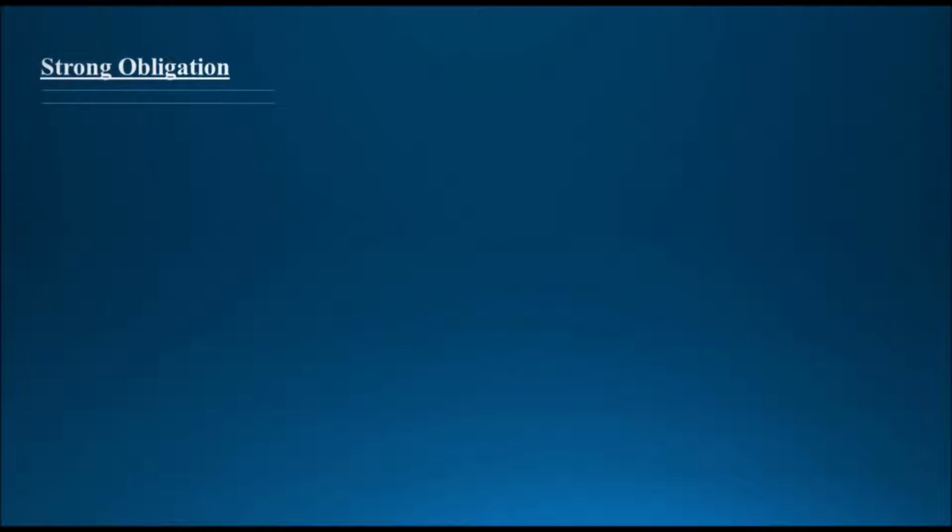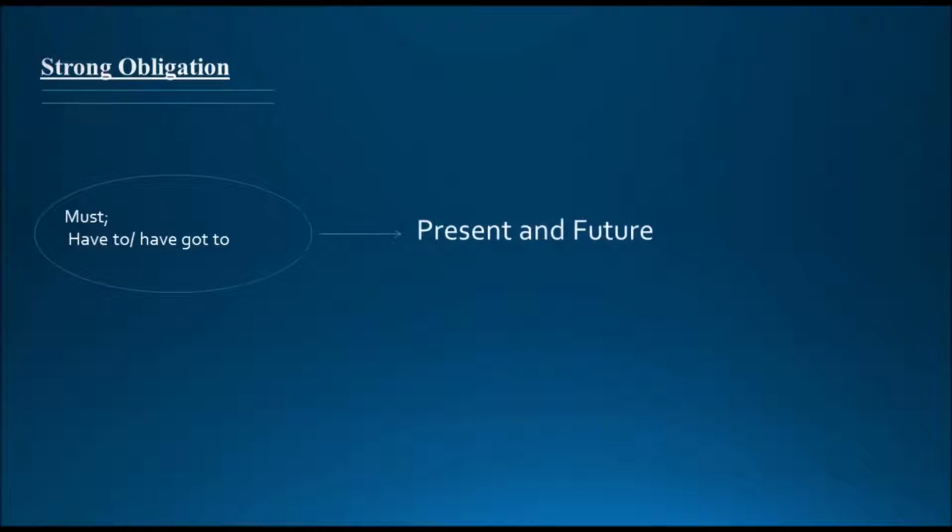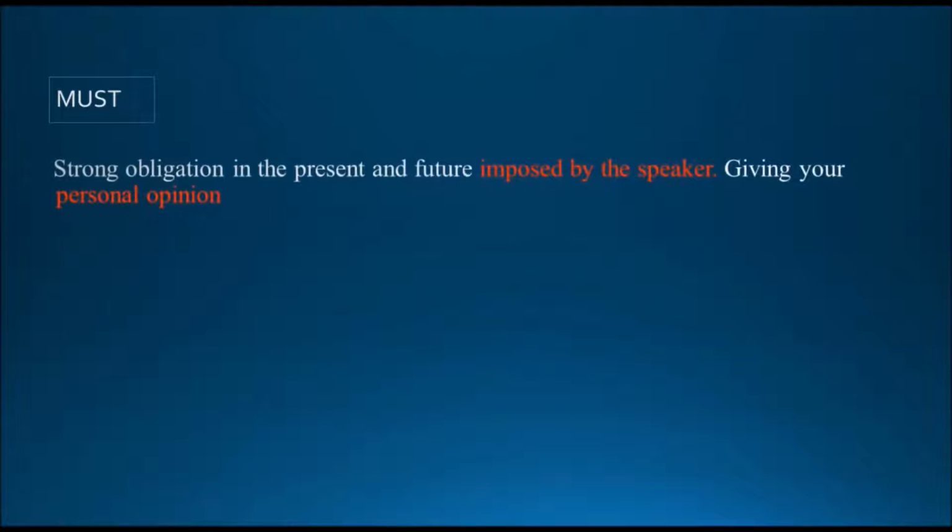Let's see the strong obligation. We use must and have to talk about present and future. But when we want to talk about past, we use had to. Must is used to talk about strong obligation in the present and future that are imposed by the speaker.